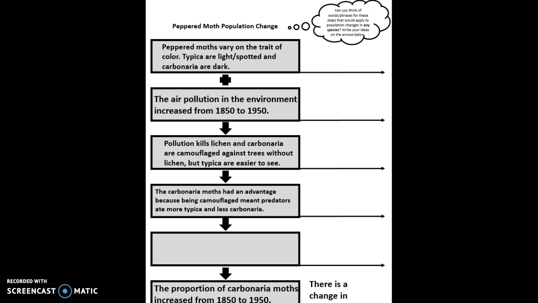So the pollution occurred, and the pollution caused the lichen to die, and the lichen dying caused the carbonaria to be camouflaged, and caused the typica to be easier to see, and the typica being easier to see meant that the predators ate more typica and less carbonaria. Pause the video and write that down.